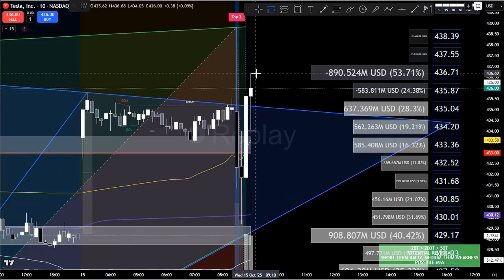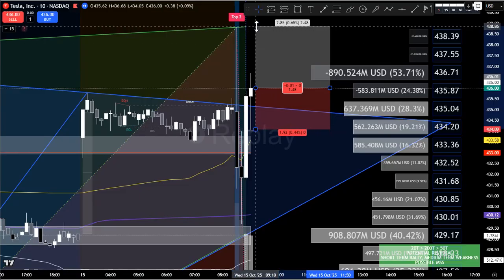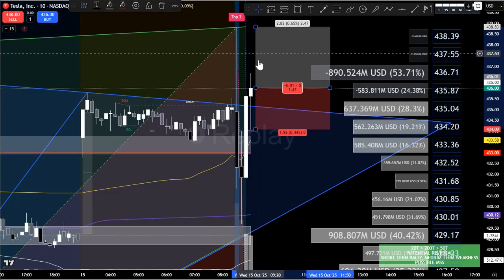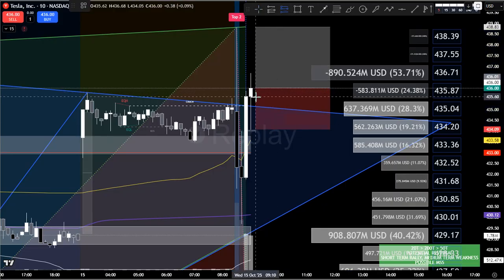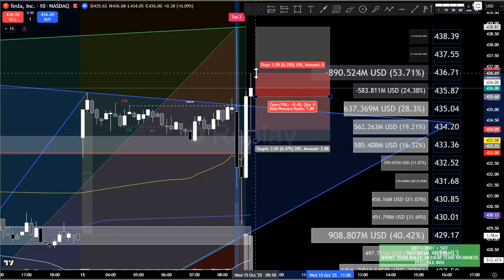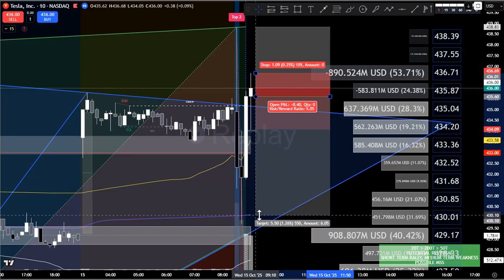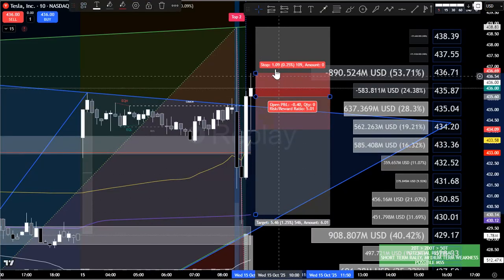So break higher, since this is the body of the closing candle, and then break close, I would target 50T just because it's right there.